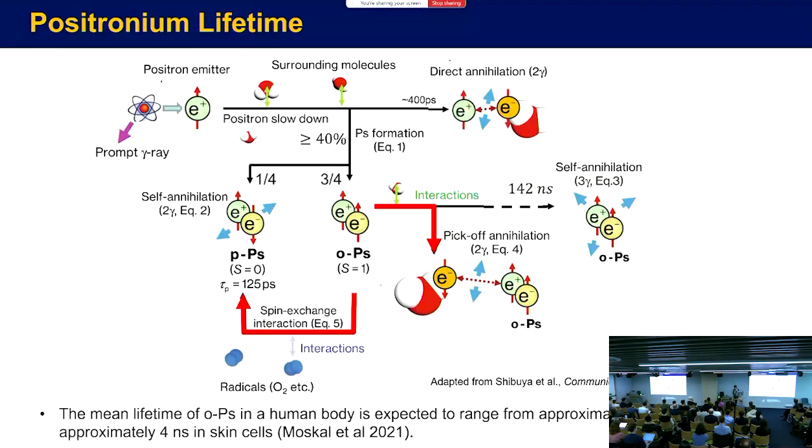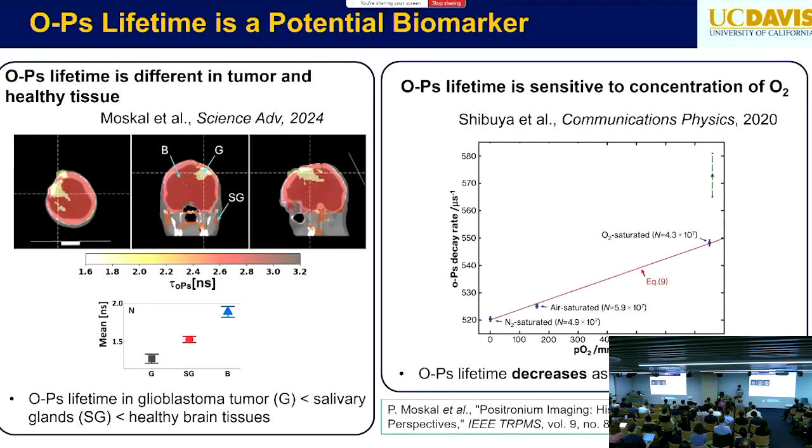Those are the pieces of information we want to extract by measuring the positronium lifetime in vivo to get an image, so we can see the microenvironment of the tracer surrounding the positron annihilation.